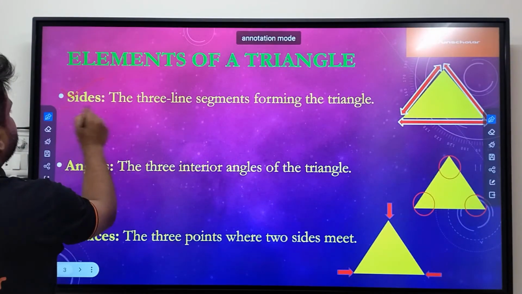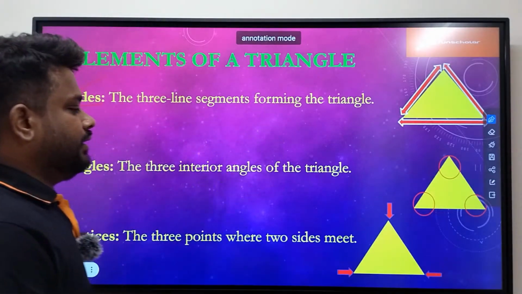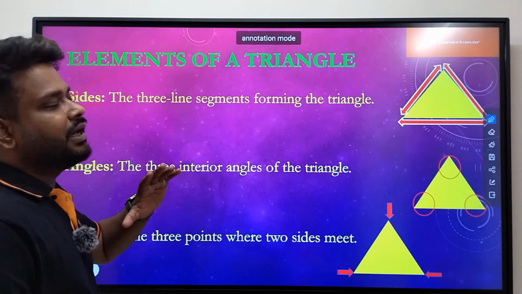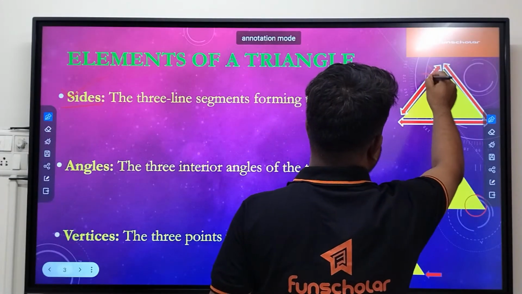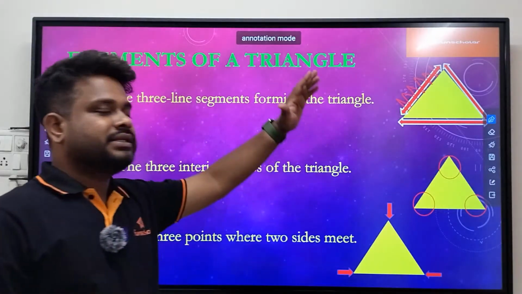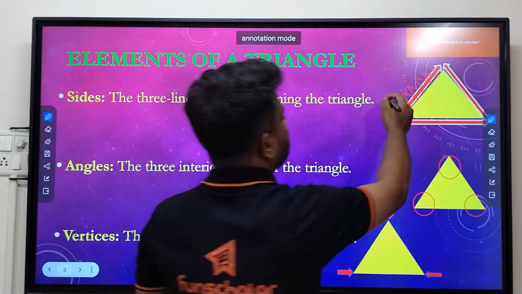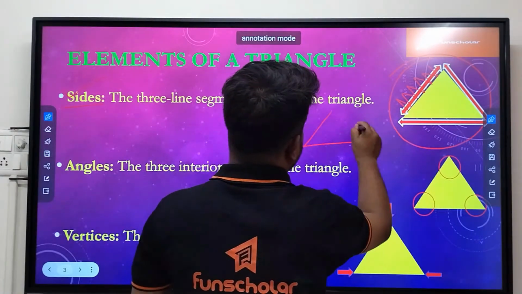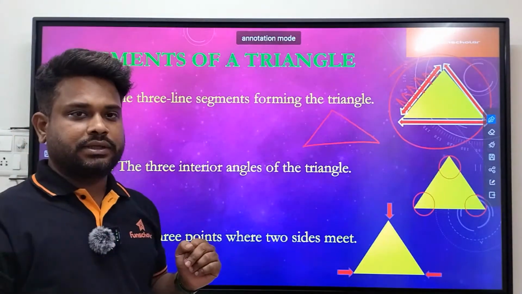Talking about sides, they are the three line segments forming the triangle. These will be considered as sides, and these sides are all straight lines. So the figures which make it a triangle will be called the sides.